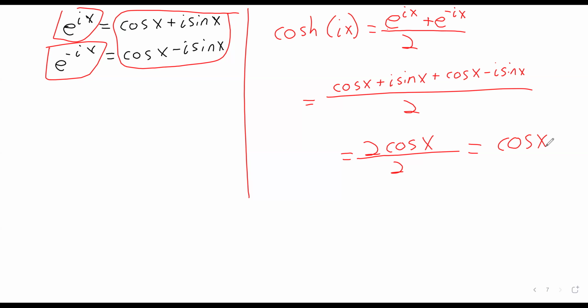And there's something similar for the hyperbolic sine as well. And the hyperbolic sine and the hyperbolic cosine allow you to compute the sine and the cosine of imaginary numbers.